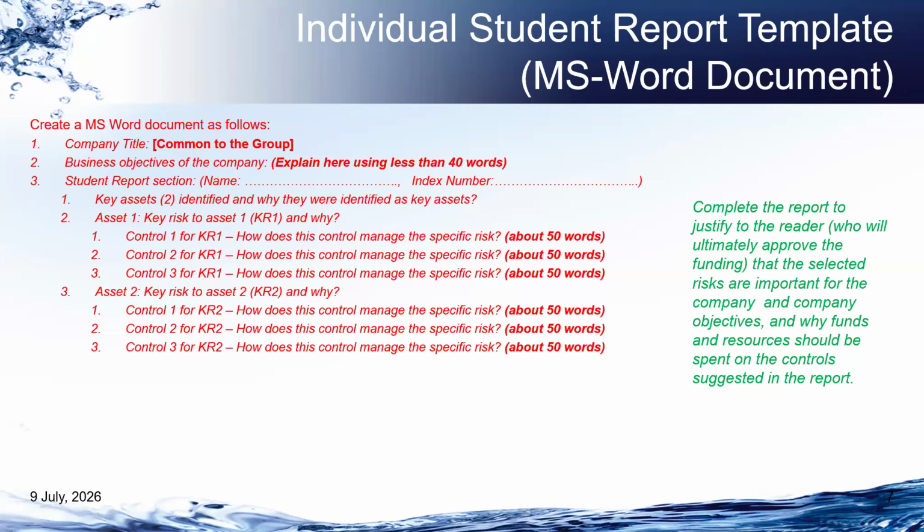Once you have selected the asset, then it's your business to look at the risk and the control. Like I said in the previous notes, control can be common to multiple risks and multiple assets. But the assets need to be unique within one group.